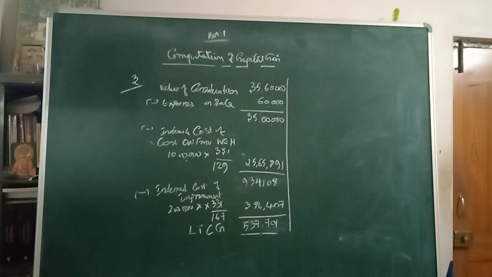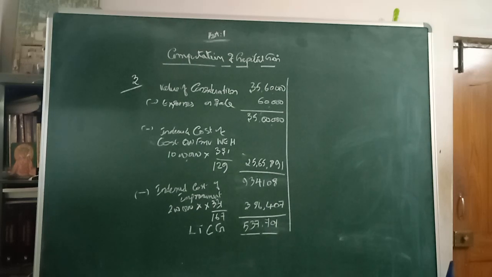Expenses on sale are 60,000. So net consideration comes to 35 lakhs, minus the indexed cost of acquisition. The indexed cost of acquisition is the cost into the index point for the present period divided by the index point for the year of acquisition.